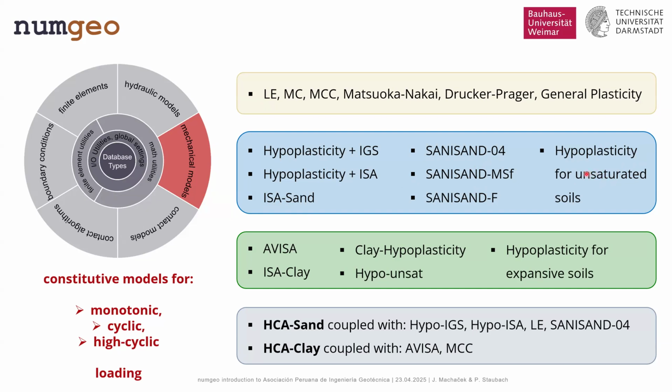These models are very well suited to capture the highly nonlinear behavior of soils, taking care of density dependency or void ratio dependency, and stress dependency. All of them include a critical state, and they are all also quite well suited to model cyclic loading.